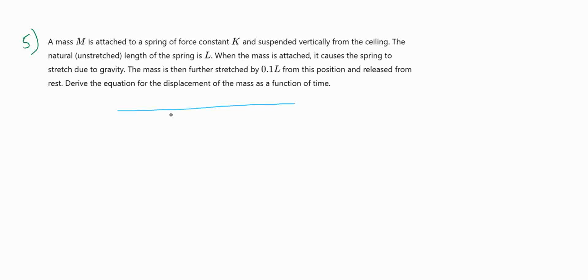So we have a ceiling. When it is not stretched, the length will be L. Now, in the second instance, when the mass is connected, it will be stretched due to gravity.